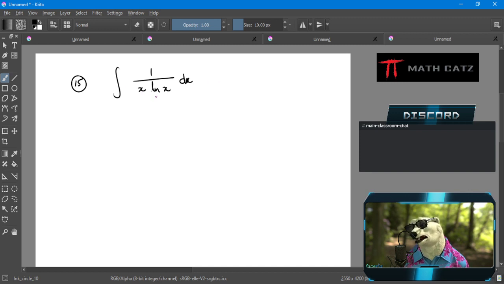I have an x and I have a log of x. So my choices for the substitution aren't that many. If I just focus on the x, then it's not going to give me a derivative with a log of x. But if I focus on the log of x, then that derivative is going to give me something with an x, a 1 over x.